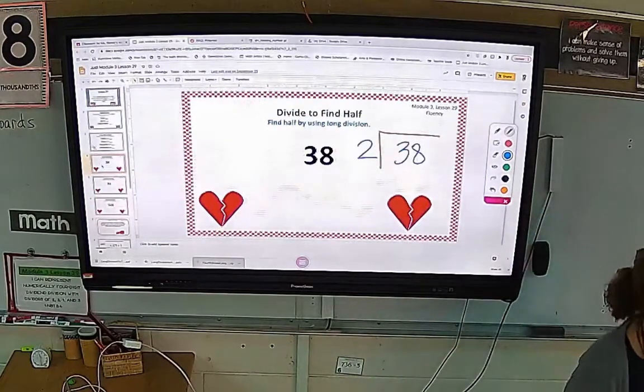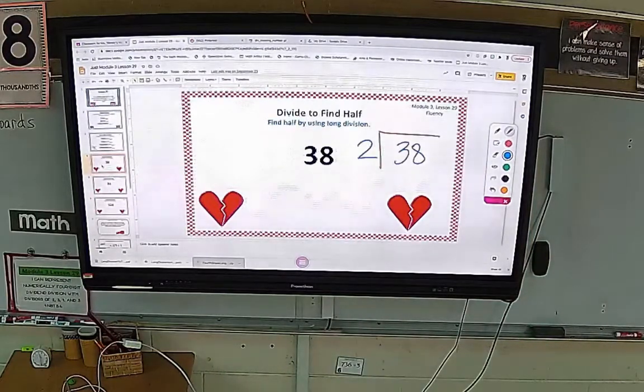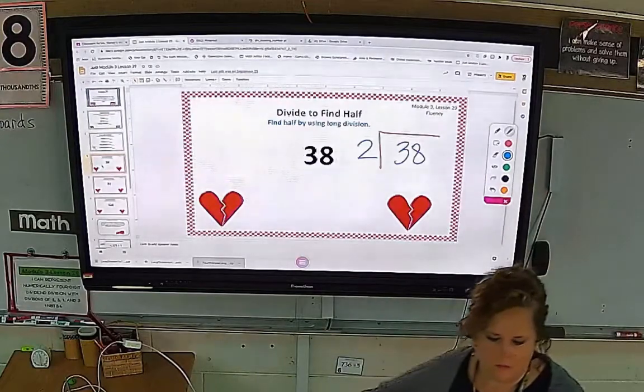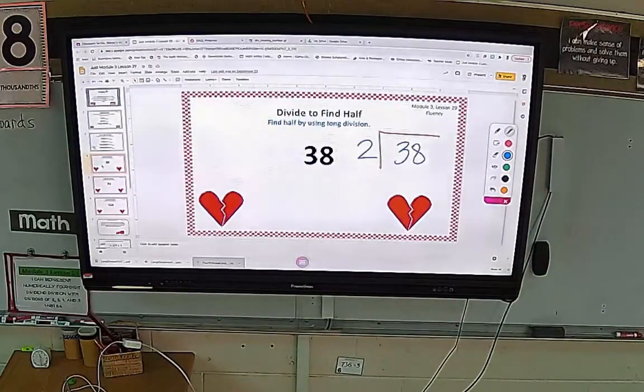Let's go ahead and work that out since we're here. Numbers on top. How many groups of 2 can we get out of 3?